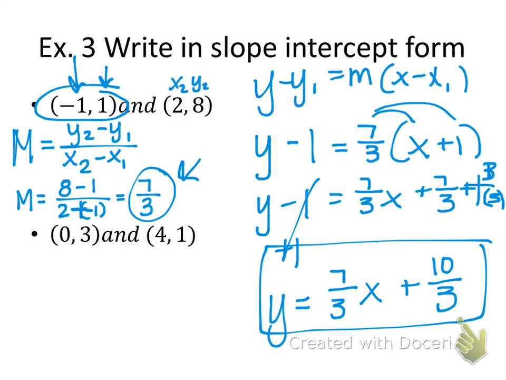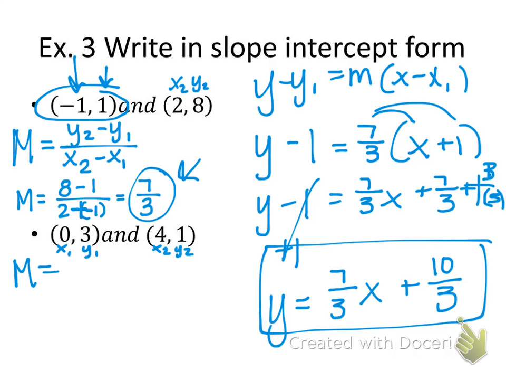Okay, so let's do the next one. All right? We have 0 and 3 and 4 and 1. In order to put it in slope-intercept form, I need a slope and a y-intercept. So before I do anything, let's find the slope. I'm going to use the formula m equals y2 minus y1 over x2 minus x1. So I know this is x1, y1, x2, y2.